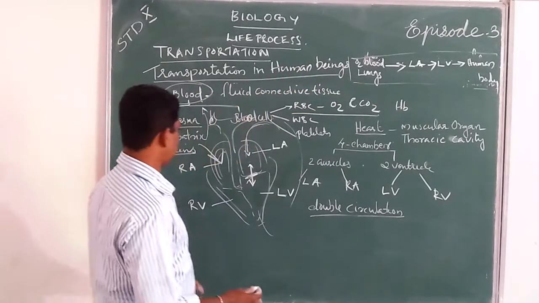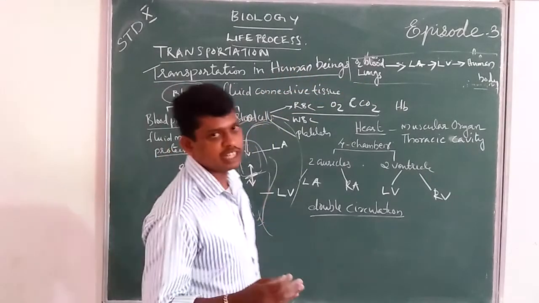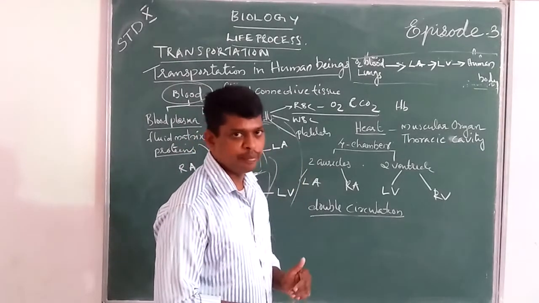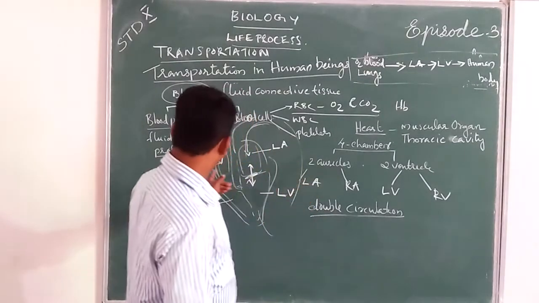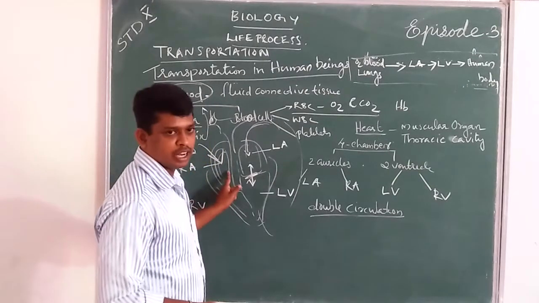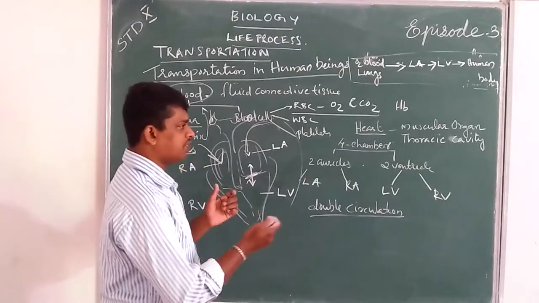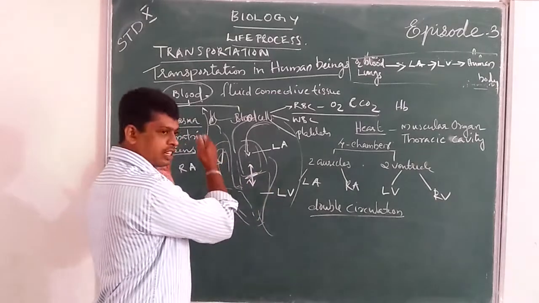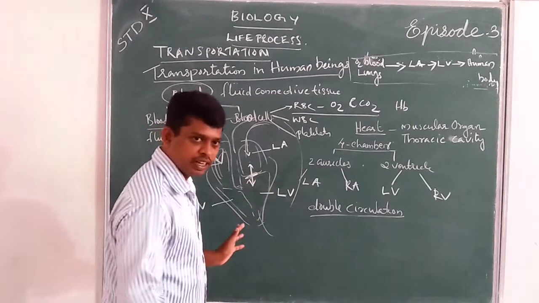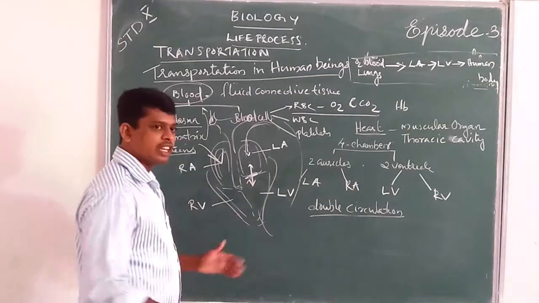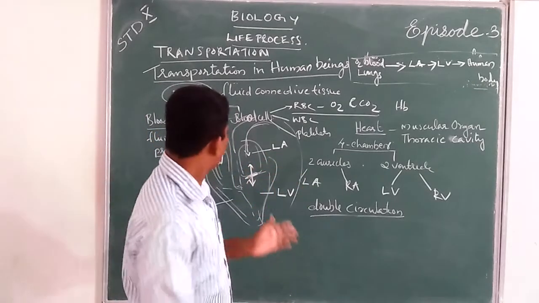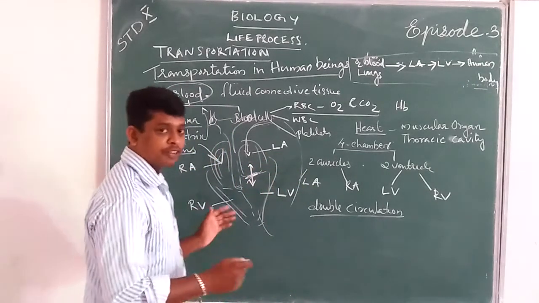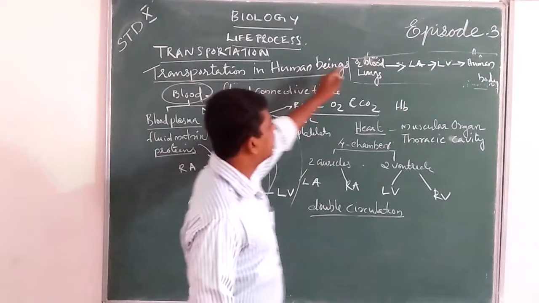The impure blood from various parts of the body comes to the right atrium, travels to the right ventricle, and is pumped with high pressure towards the lungs.